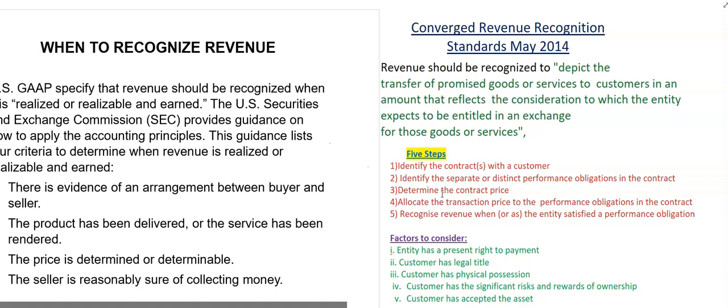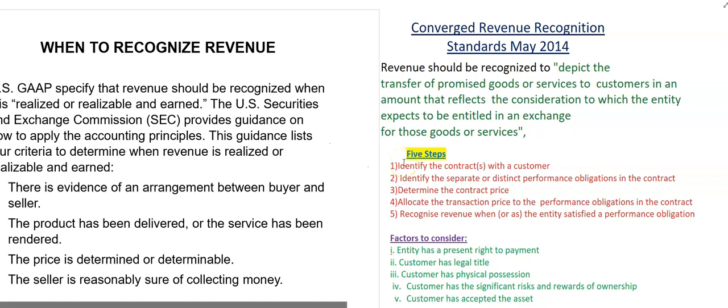Number 2, the customer has legal title, and that is the title to the ownership of the asset has now been transferred to the customer. Number 3, the customer is also in physical possession of the asset or the goods. Number 4, the customer has the significant risk and rewards of ownership. And number 5, the customer has accepted the asset. So these are the 5 factors that will be considered while establishing that the customer has obtained control of an asset, and in that case revenue will be recognized.